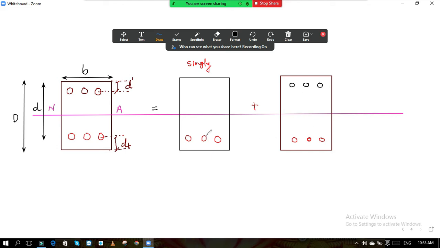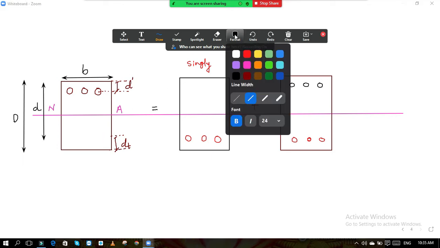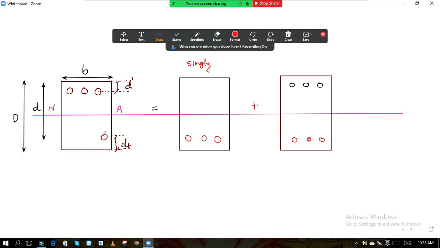Now if you mix up these two sections, you will get this section. Here I have shown fewer bars. Instead of that, I will show more bars. Here 3 plus 3 is 6, so 1, 2, 3, 4, 5, and 6. So instead of showing it like this, I will show it like this.